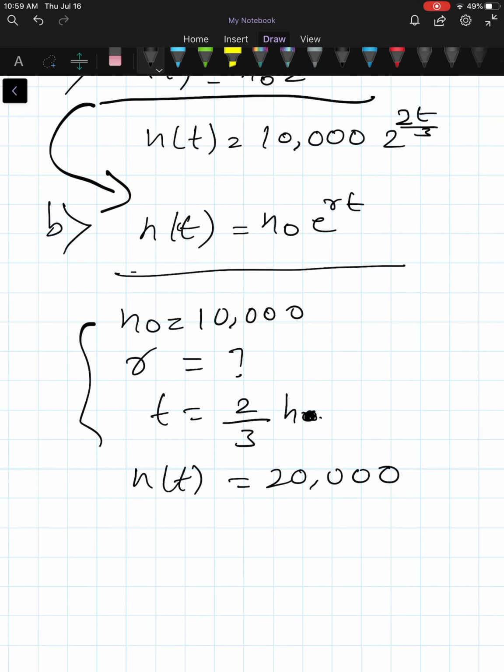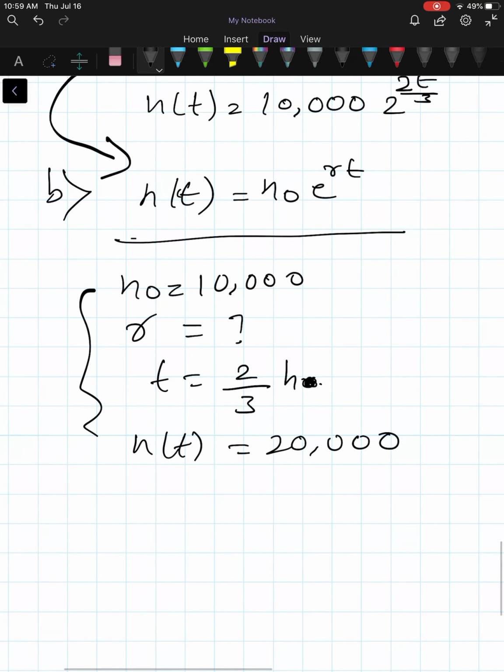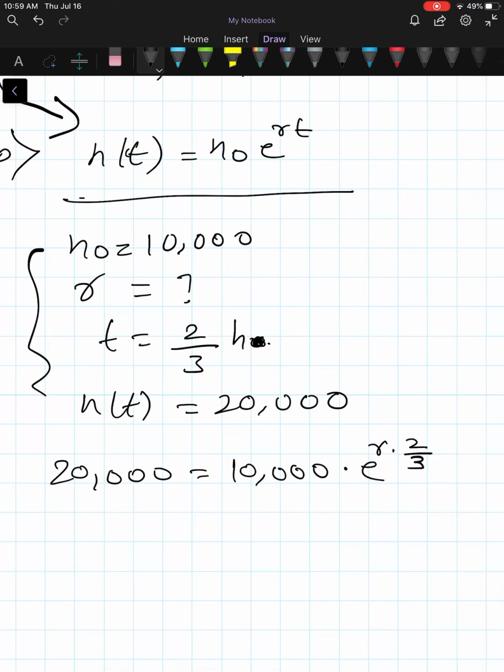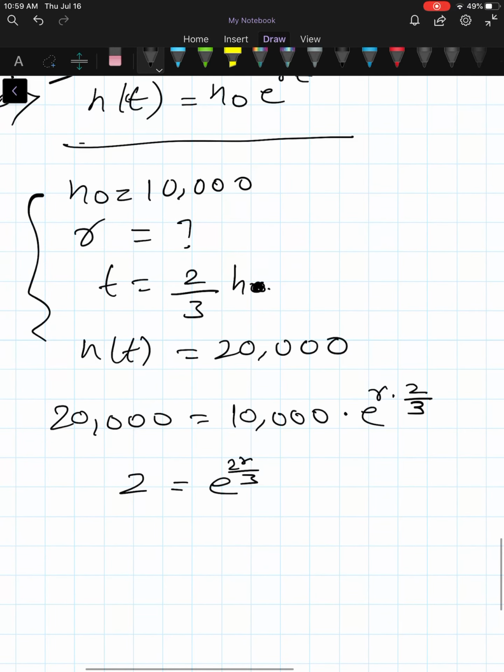Substitute the given values in the equation and find r. So 20,000 is equal to 10,000 times e to the power of r times 2/3. Now solving, we get 2 is equal to e to the power of 2r by 3.